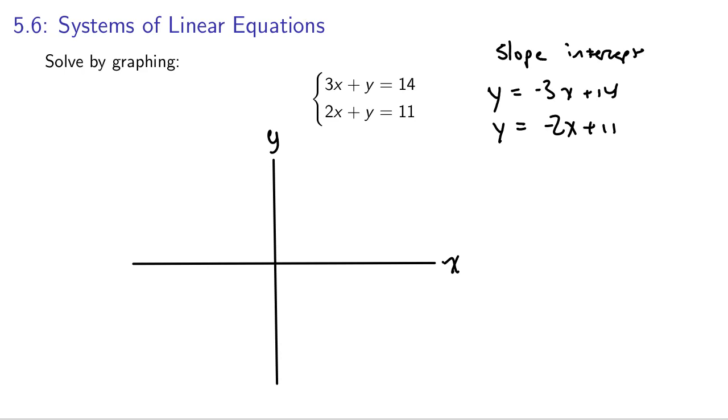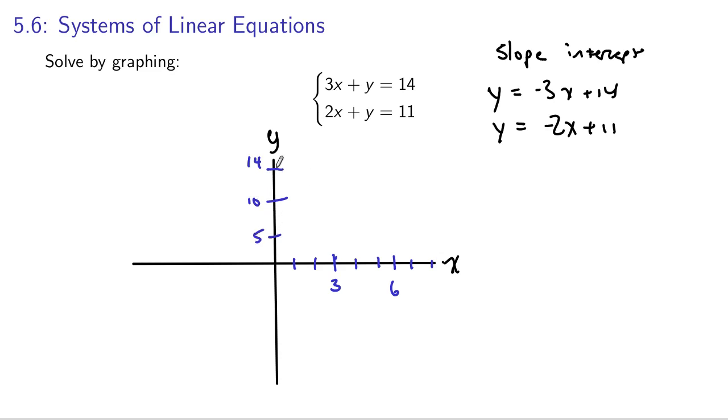First line has a y-intercept of 14, slope of negative 3. So it will fall. Say 10 is here, 5 is here.